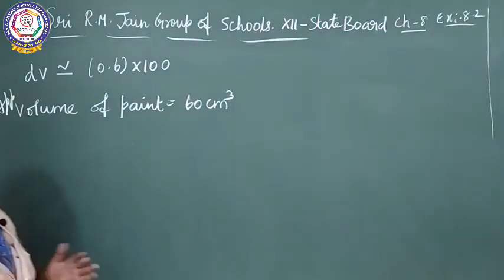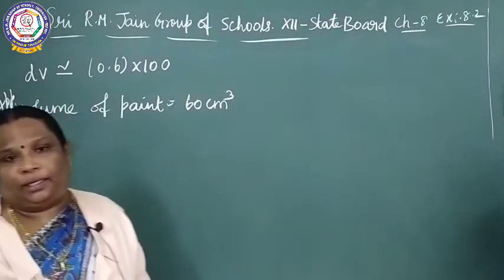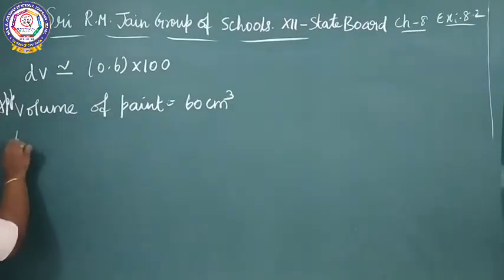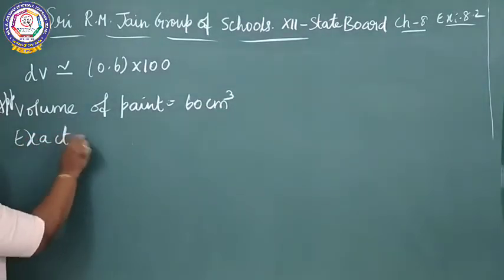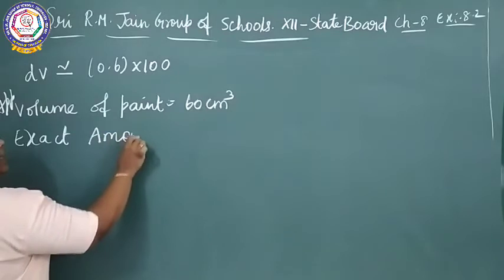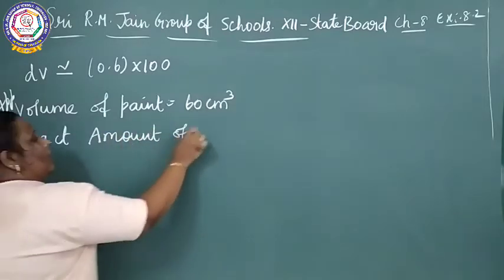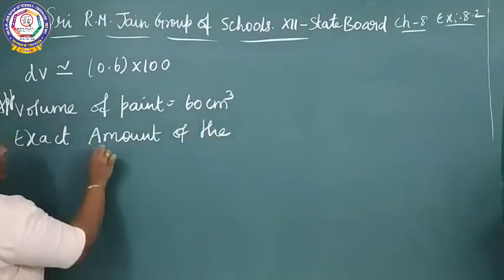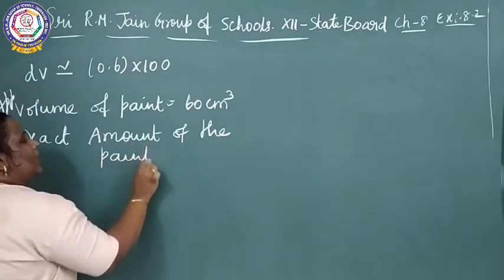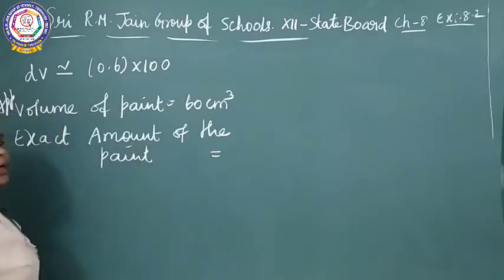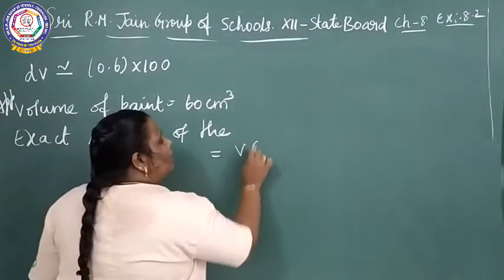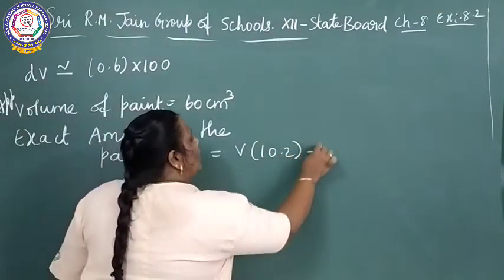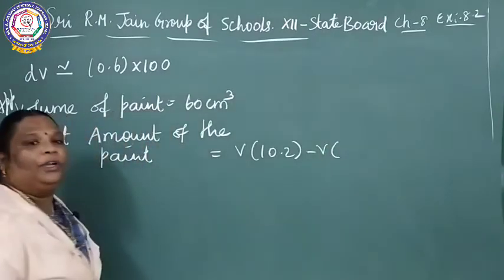Then you should find out the exact amount of the paint. See, exact amount of the paint equal to V of 10.2 minus V of 10.